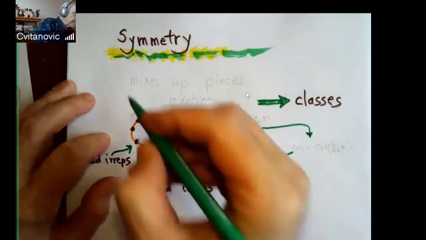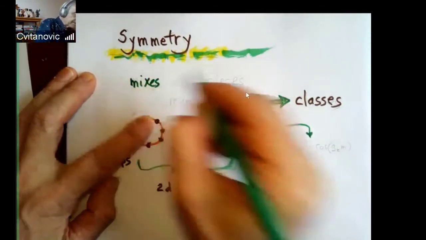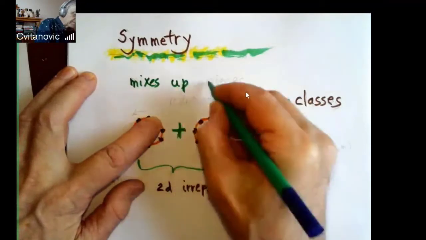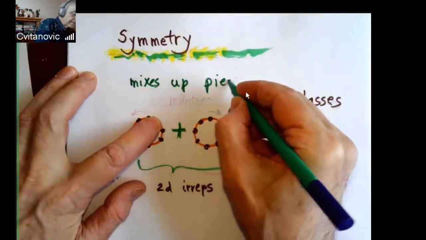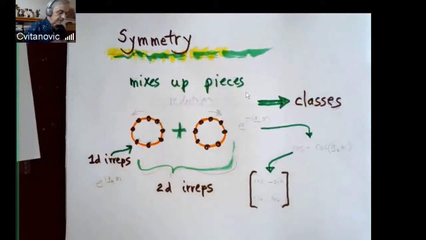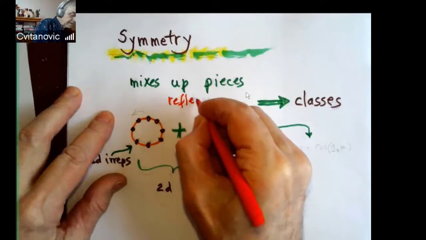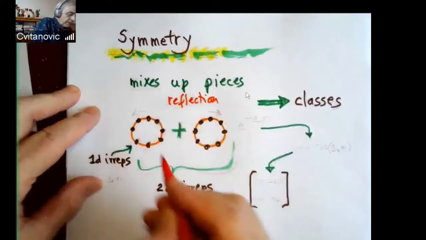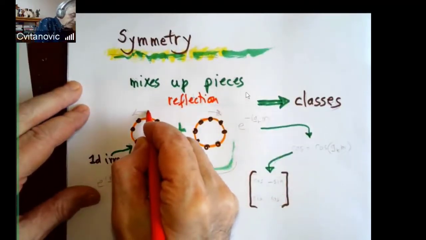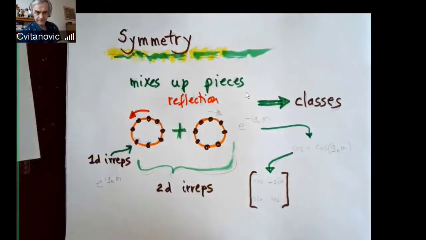The first thing that happens is you mix up pieces that used to be not mixed before. As an example, I'll take a reflection. So far, we studied what happens when we move cyclically on a periodic chain.